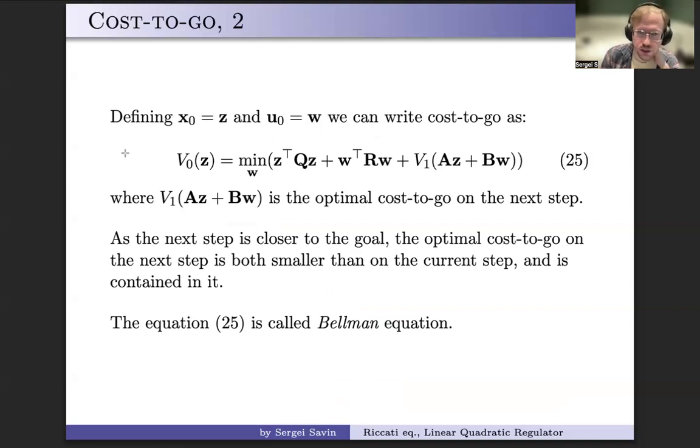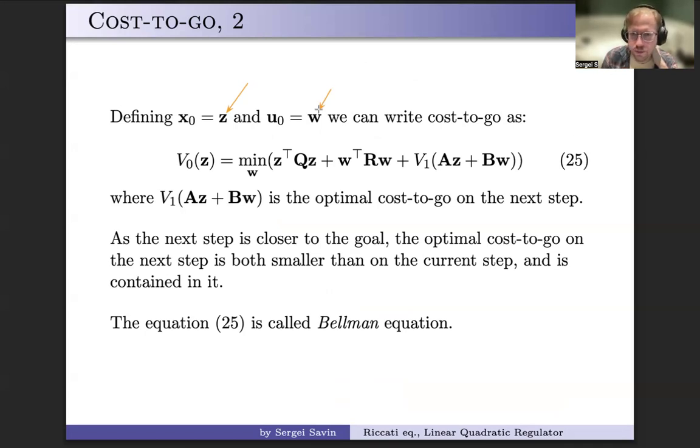Now just like changing variables so we don't have indices. We call, let's say, x0 as z. We call u0 as w.